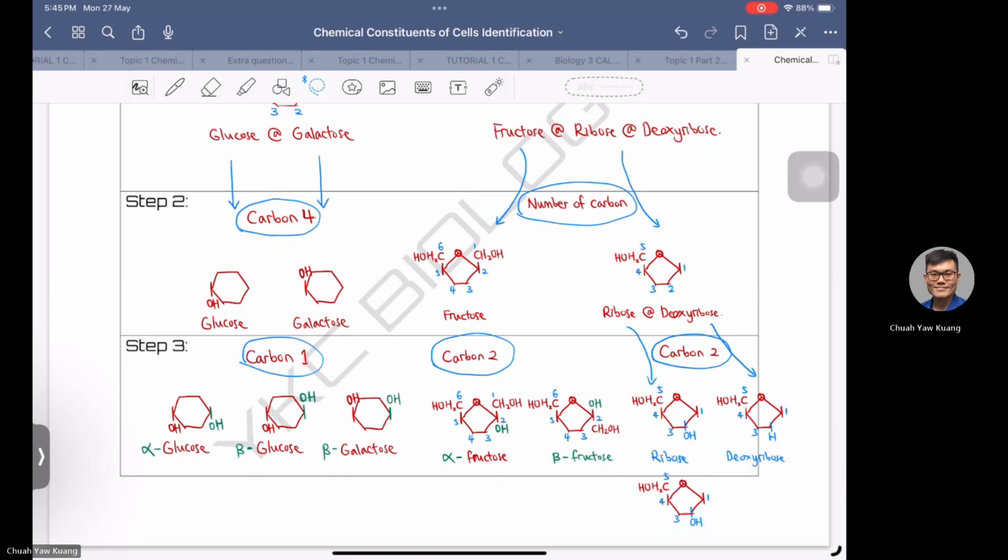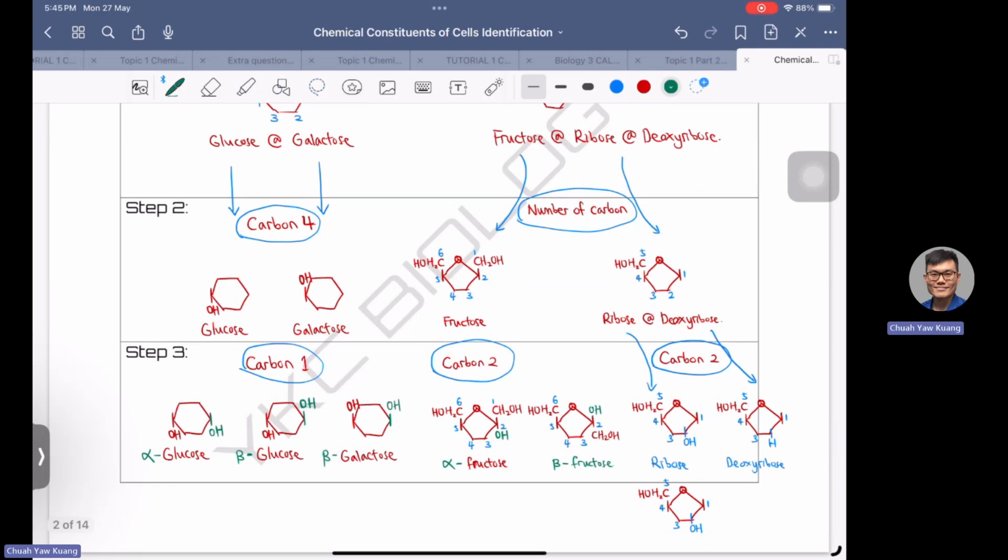Down here. If at carbon number 1, the OH group is at the bottom plane, then same rules will be applied. If it's at the bottom plane, it is alpha. If it is at the upper plane, then it is beta. So same rules apply here.